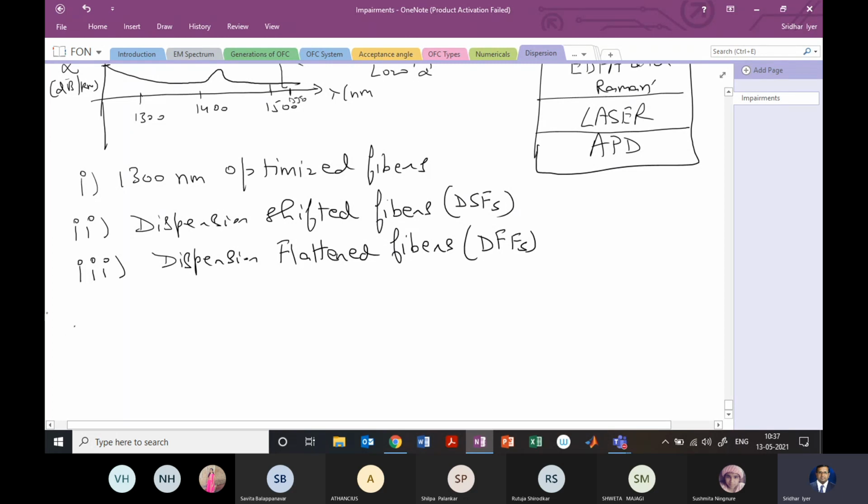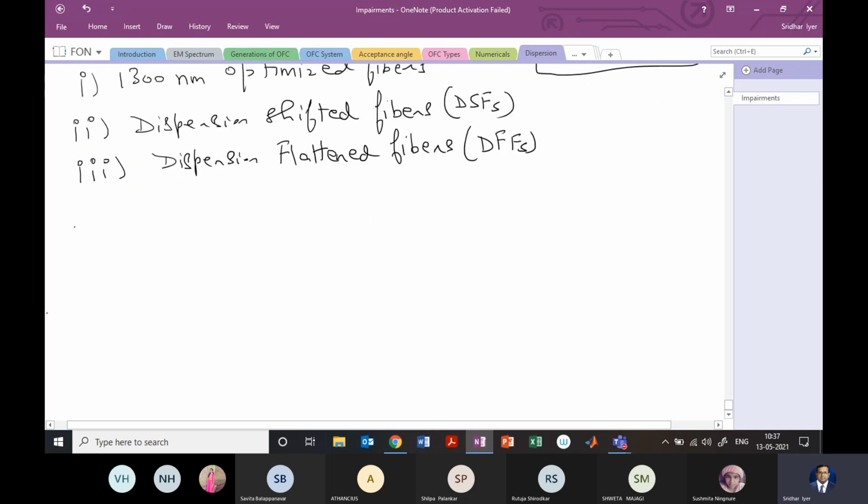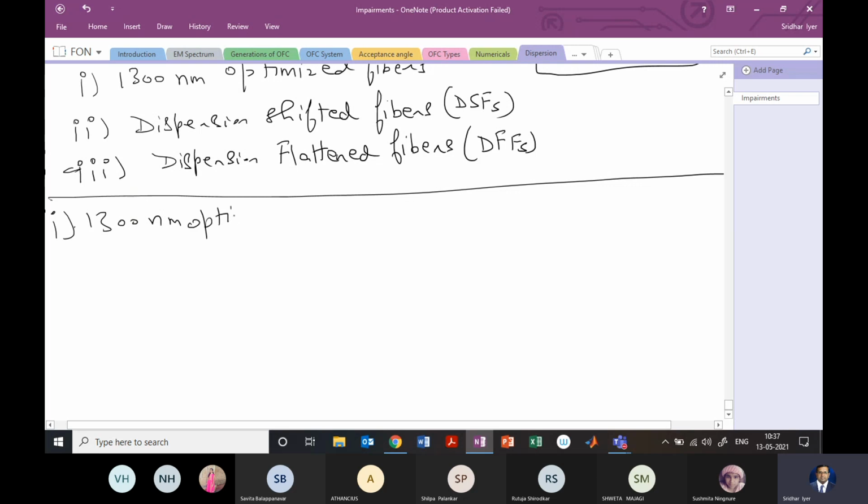So let us look at them in detail, and I will also be drawing the index profiles as we move on. Okay, so let me draw one line and we'll start with these fibers. First we'll pick the 1300 nanometer optimized fibers.